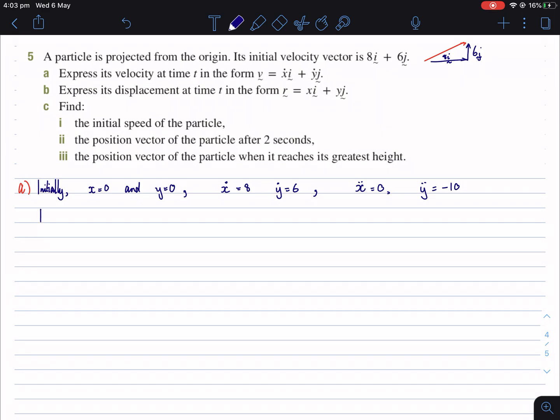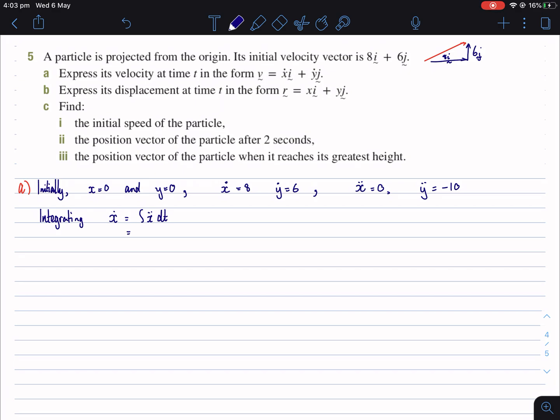So we're going to need to integrate the acceleration to get the velocity. So x dot is the integral of x double dot dt with respect to time.